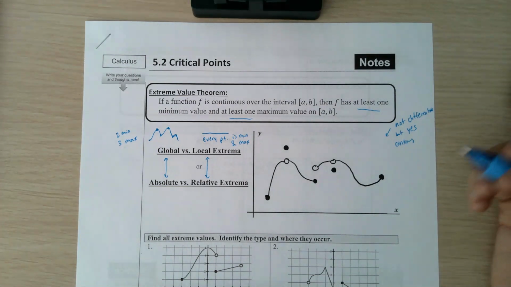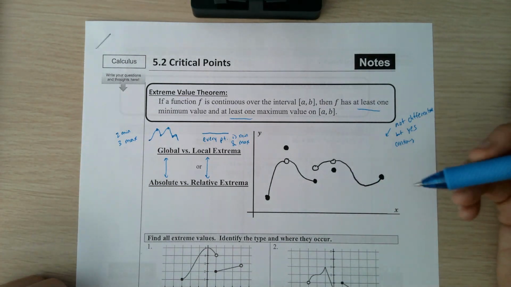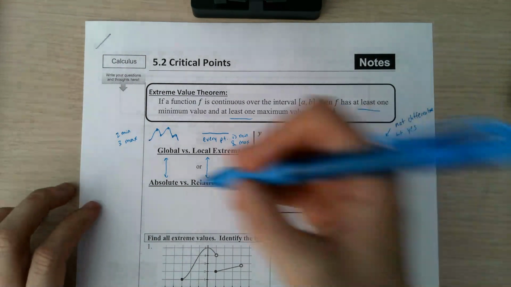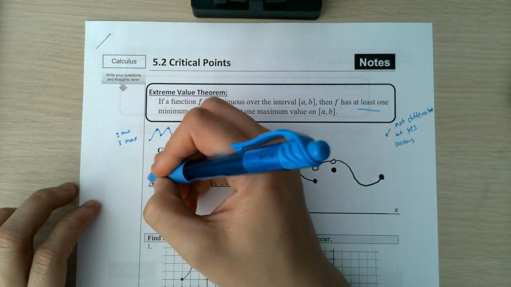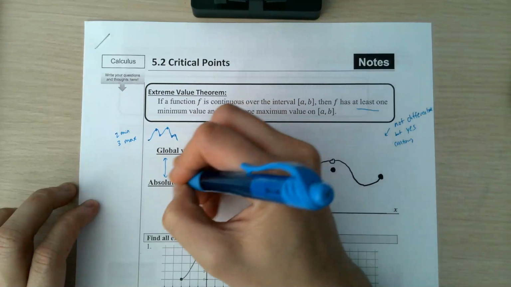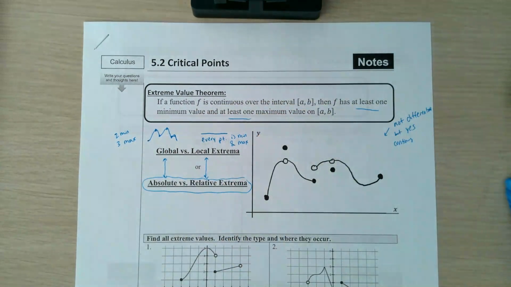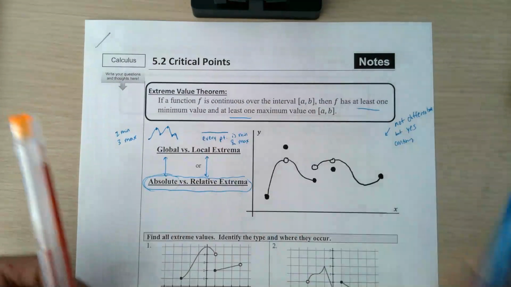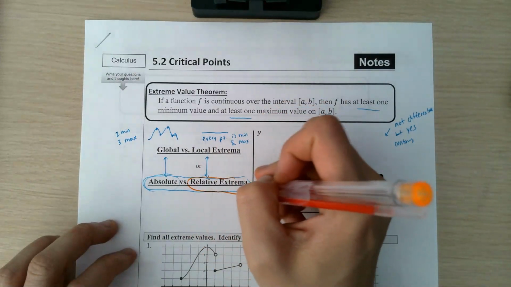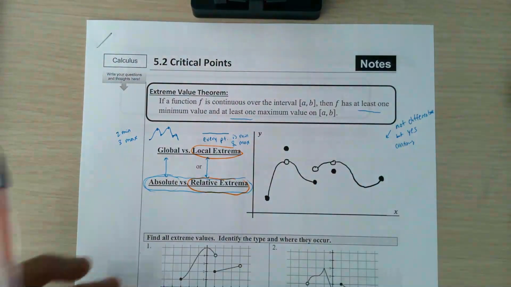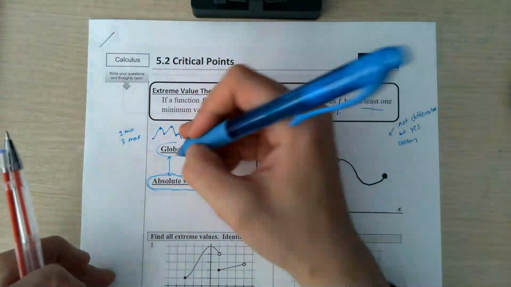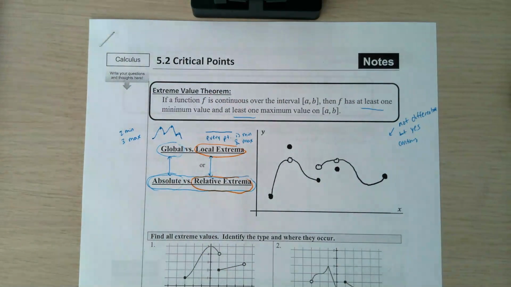Okay, so if we're looking at this graph, I'm going to do the absolutes in blue, and then I'll do the relative in orange, or the local. Okay, so it's always easier to start with the absolutes or globals.